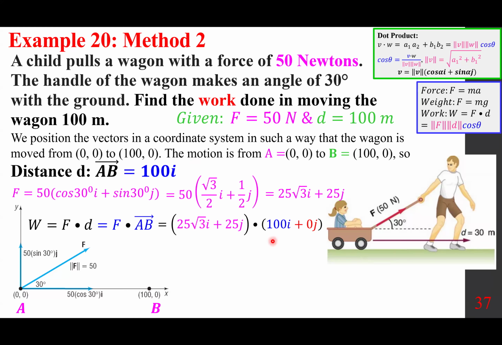You multiply these two numbers, you get 25 square root of 3 times 100, plus you multiply this one, 25 times 0. This is how you multiply dot products. This goes to 0, and that gives you the same answer as we had before. So this is the second method of solving the same question.